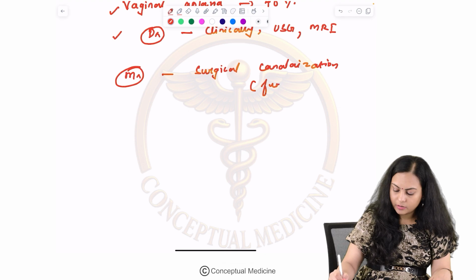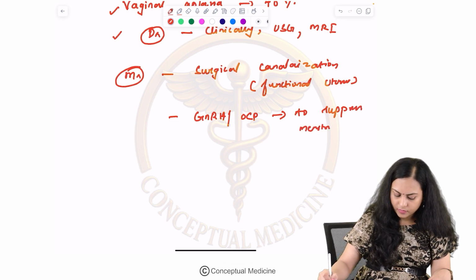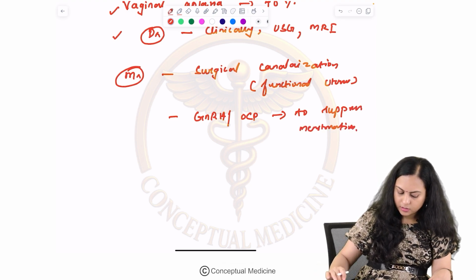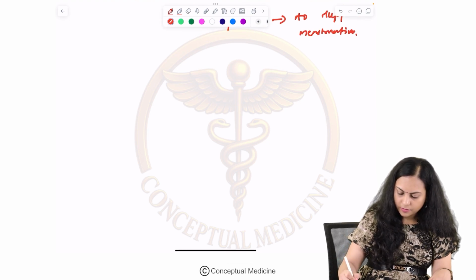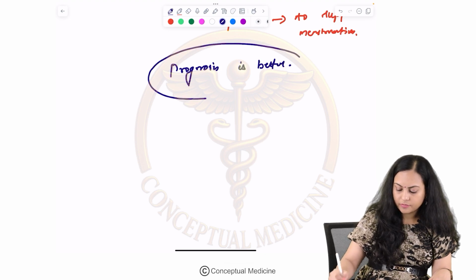Okay, you will get a functional uterus. When surgery is planned, you have to use gonadotropin releasing hormones or oral contraceptive pills to suppress menstruation till surgery. Prognosis is better after surgery.